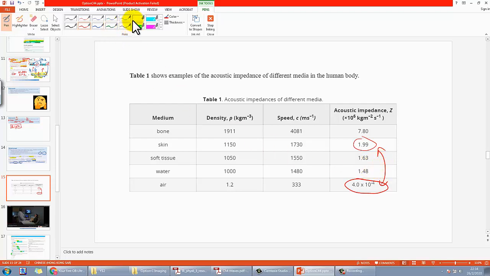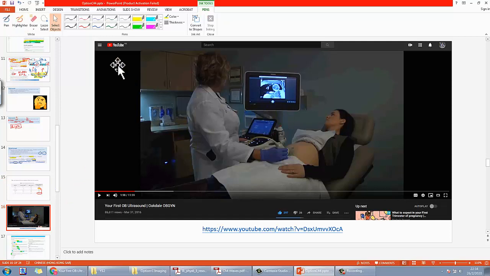And that is also why, if you have to use a gel, the gel should have a similar impedance to this one. Because one may argue, what if we put the sensor very close to the skin, then maybe there's no air.